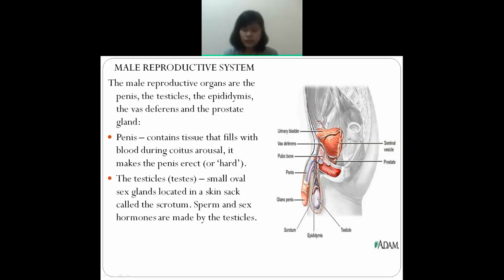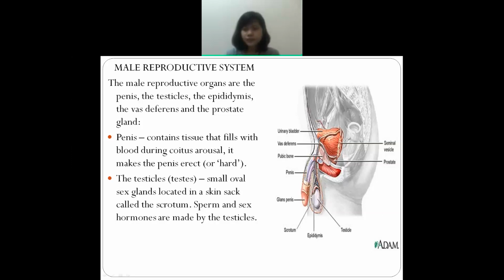It is located in a sac of skin, and it is covered with the scrotum. This part is the scrotum. So the testes, or testicles, are covered with the scrotum.